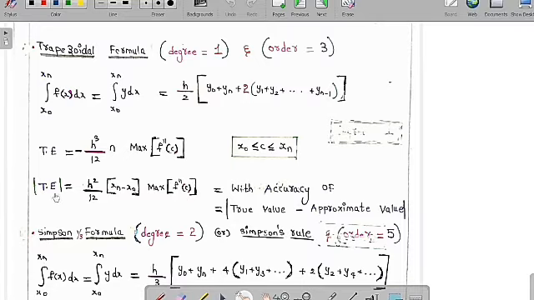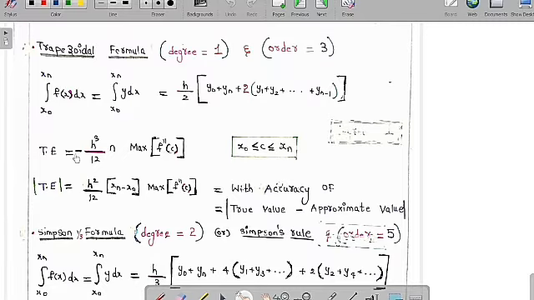It is also called the truncation error, or sometimes we call it the accuracy. It means it is the absolute value of the true value minus the approximate value. You can see clearly here it is always negative. If it is negative, it indicates that the approximate value is greater than the true value.